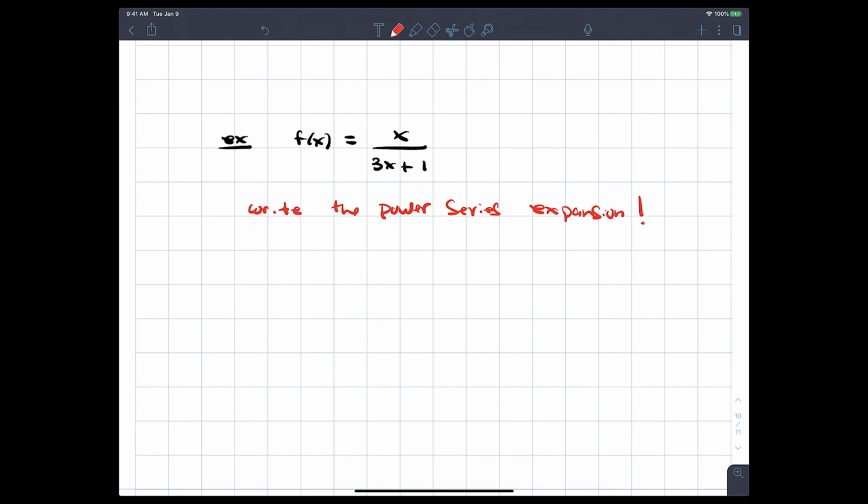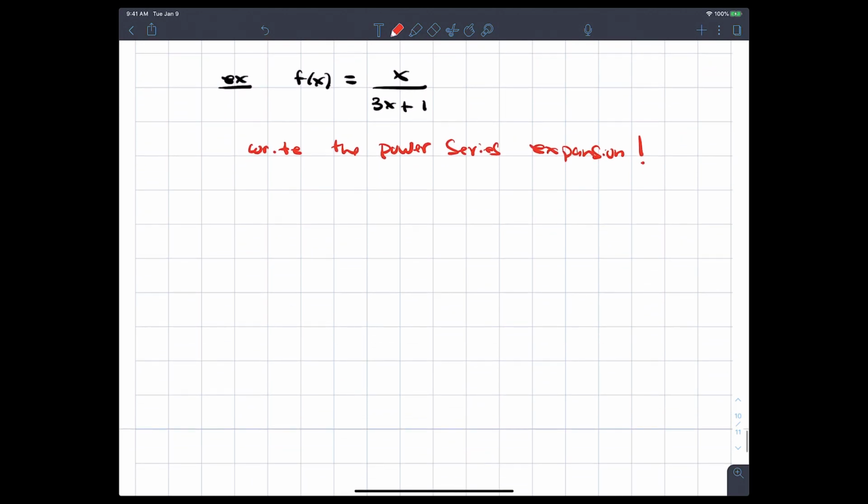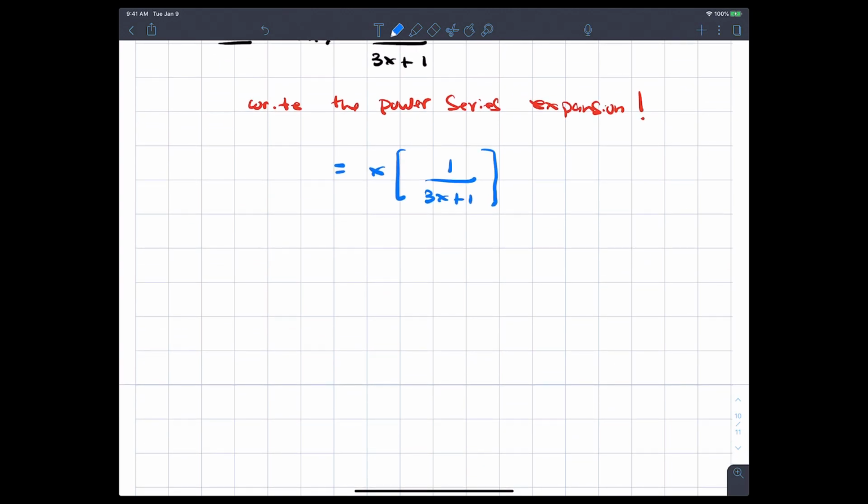Start to look at some of these examples. Now, how you start, again, is that you write this fraction as a product. And for this portion here, remember the tool that you have to use is that this expansion is 1 over 1 minus that triangle, for the absolute value being smaller than 1.